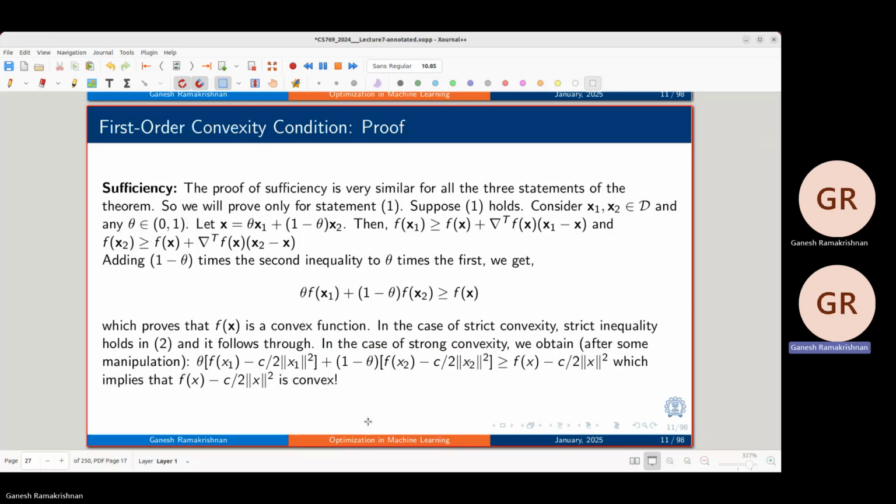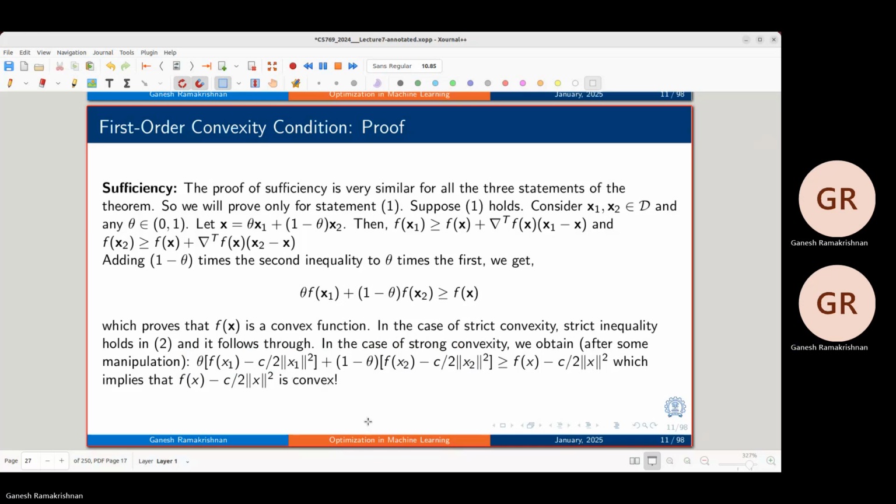Yes, what was the original definition of strong convexity? f of theta x1 plus 1 minus theta x2 is less than or equal to theta f of x1 plus 1 minus theta f of x2 minus, what was that quadratic term? It's the same c by 2, right?